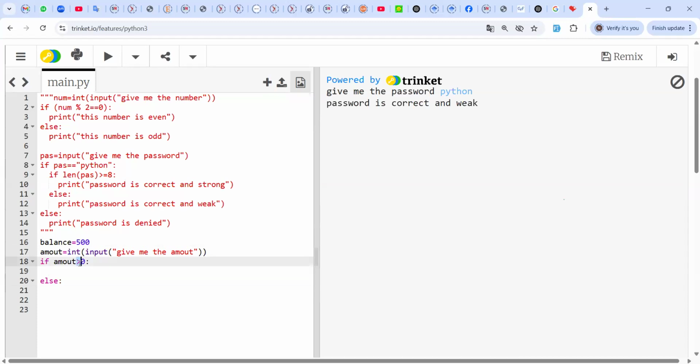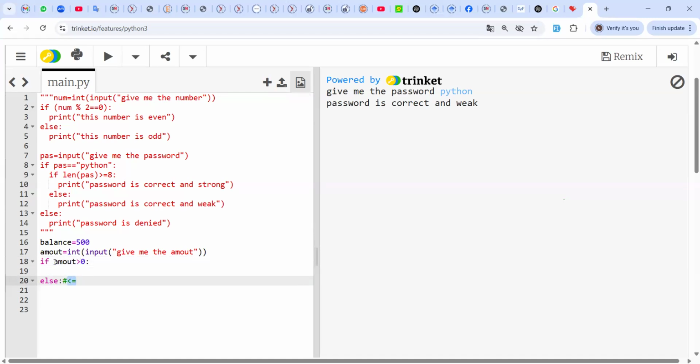The opposite of greater is what? Can anyone tell me? Lower. Lower or equal. The opposite of this one is lower or equal. Okay, Hela or Sarah, I don't know who talks. Hala, you're welcome. So the opposite of this operator is this operator.